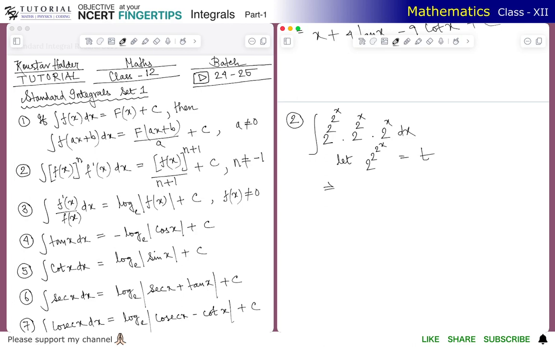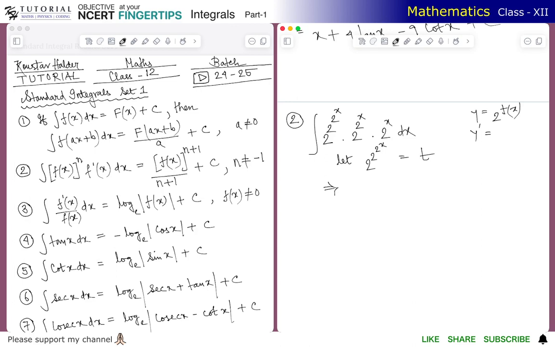Now this implies if I differentiate with respect to x on both sides, I get, so this is basically 2 to the power f(x). When you differentiate a function of the form 2 to the power f(x), we have to use the result of a to the power x. Differentiation of a to the power x is a to the power x into log a.